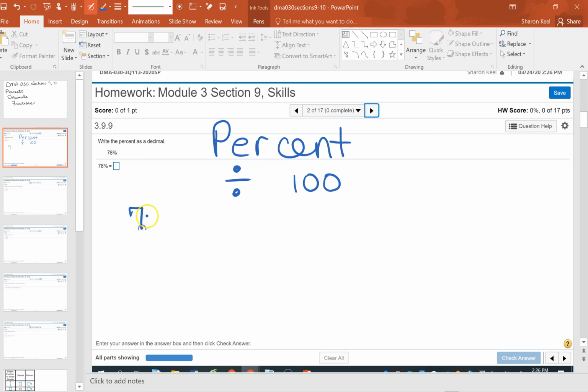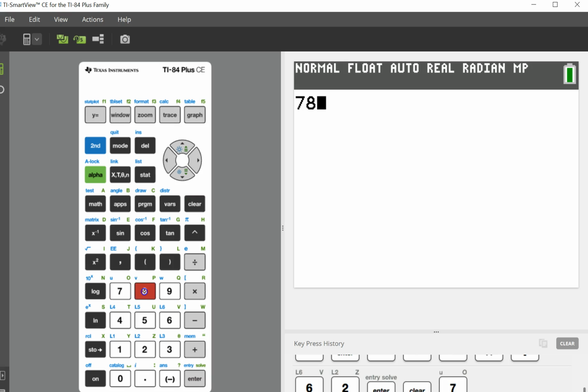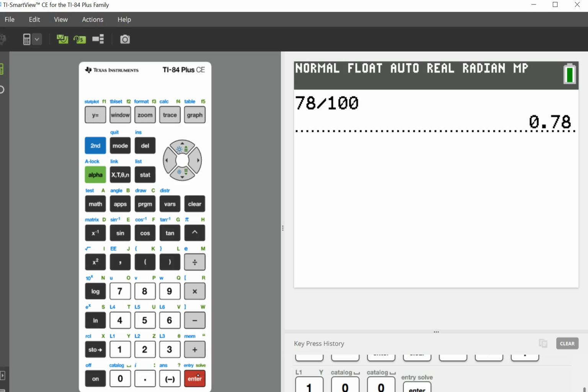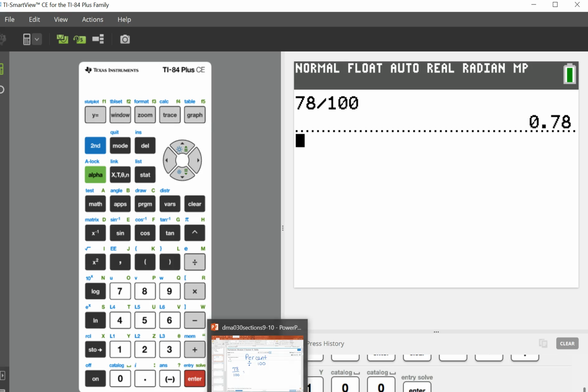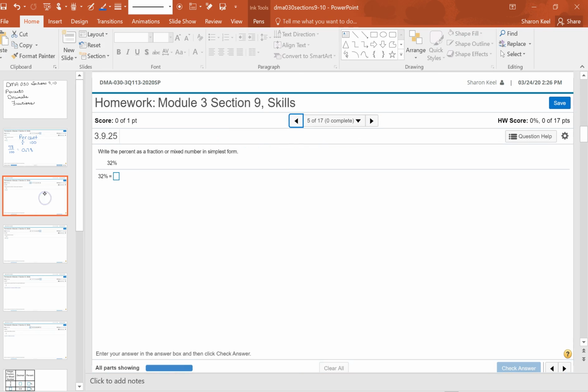So what we're going to do is 78 divided by 100. Use your calculator. 78 divided by 100 gives us 0.78. And we have converted our percent to a decimal, dividing by 100.